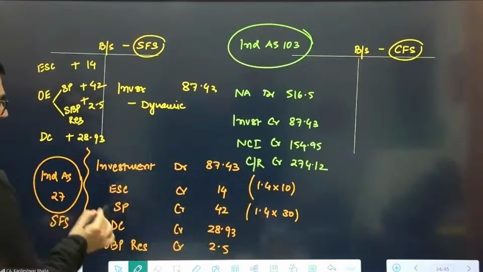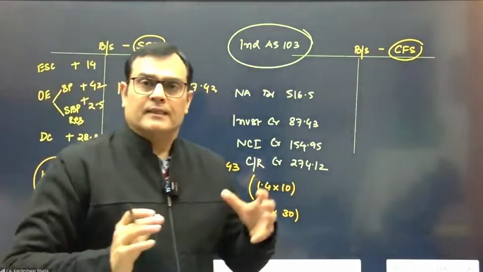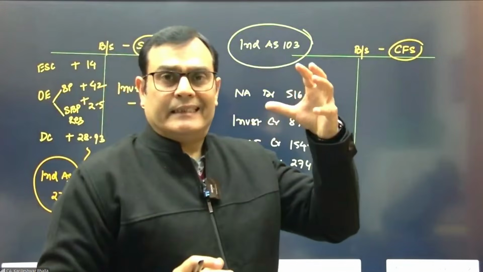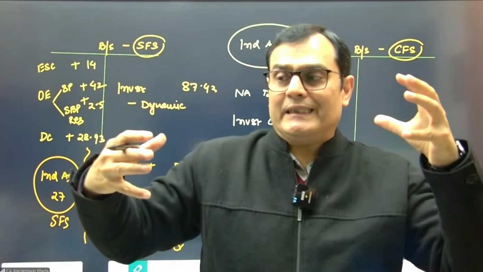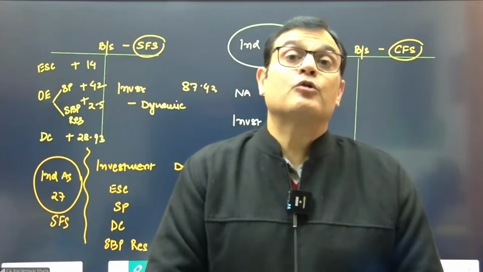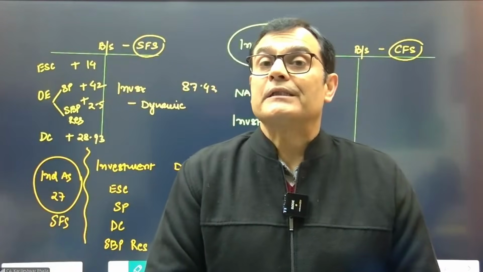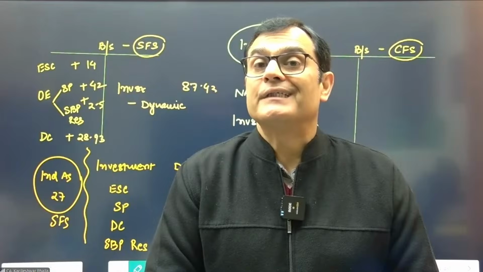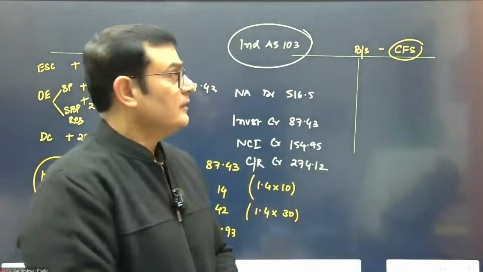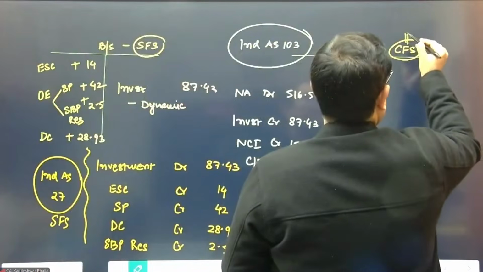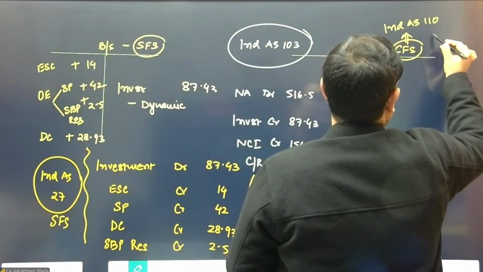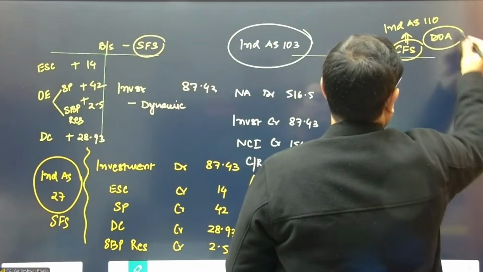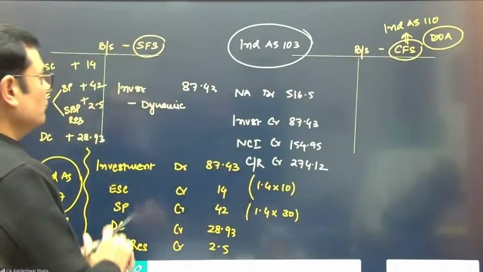Now watch this carefully. In the Index 27 balance sheet, if you incorporate the Index 103 balance sheet, trust me, the answer is consolidated balance sheet under Index 110. So you can say if you want to make a consolidated balance sheet under Index 110, which is on the date of acquisition, so what do you need to do?